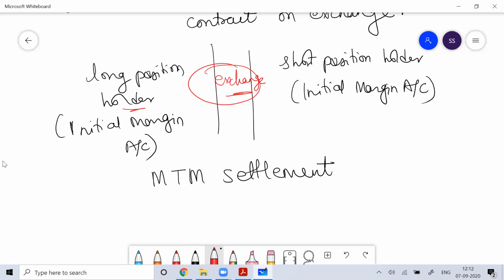So a futures contract is nothing but a forward contract which is implemented over the exchange. In India, index futures were introduced first for trading purposes.